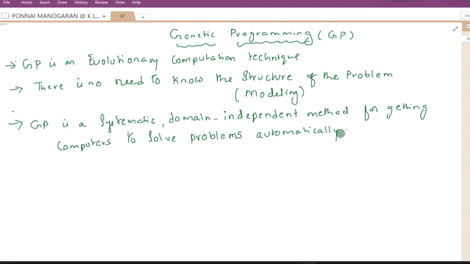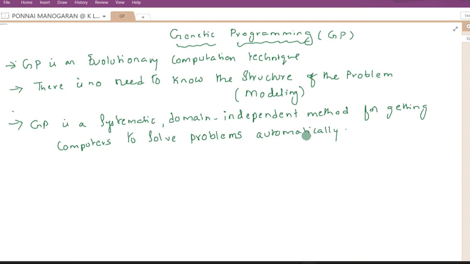So you need not understand the problems. When genetic programming is given some primitives, automatically with the help of primitives, it will frame its optimum programs or optimum modeling equations for the given problem.